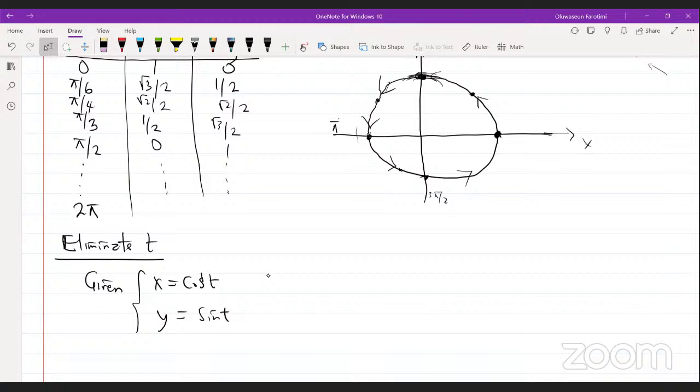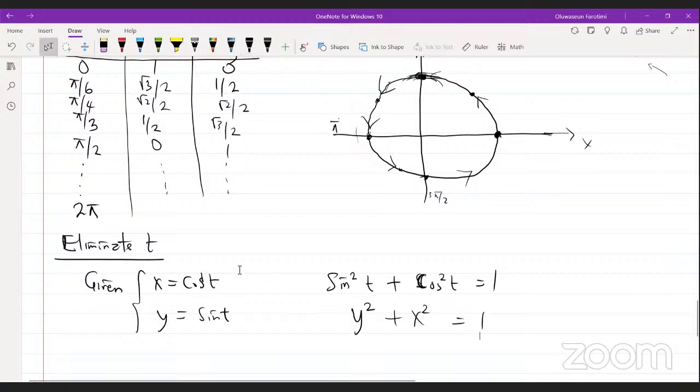So what trigonometric identity combines cosine and sine? Does that ring a bell? Do you guys remember sine squared t plus cosine squared t equals 1? So what do we see from this? Since y equals sine t, sine squared t is y squared. Cosine squared t is x squared.